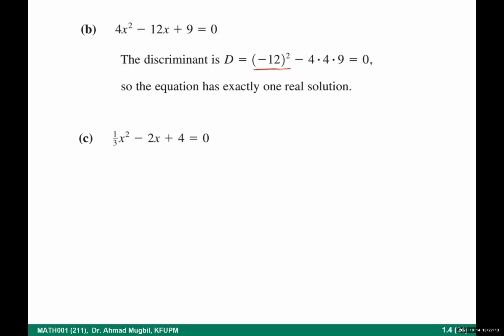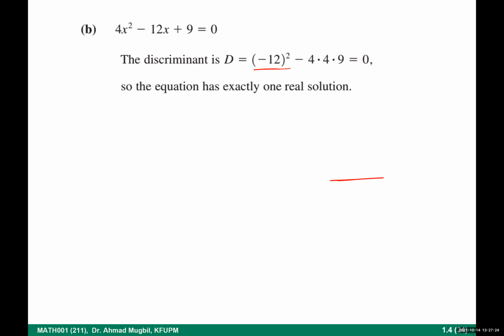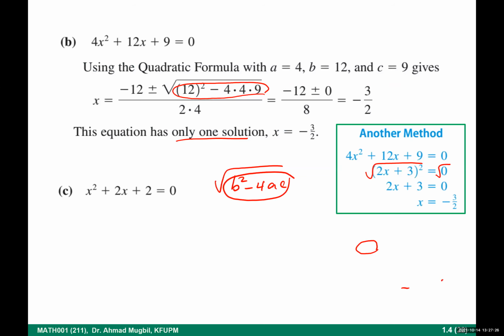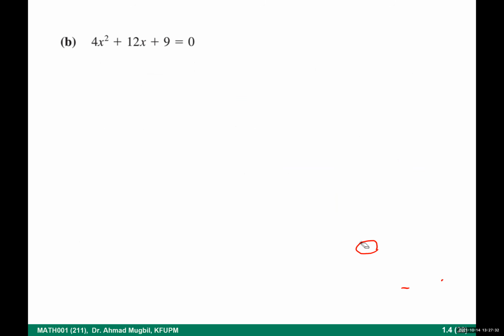For this one, the discriminant is negative. So it has no real solution. It has two complex solutions. Now, let me go back here and ask you: if I ask you to find the sum of the solutions of this equation, what will be the sum?